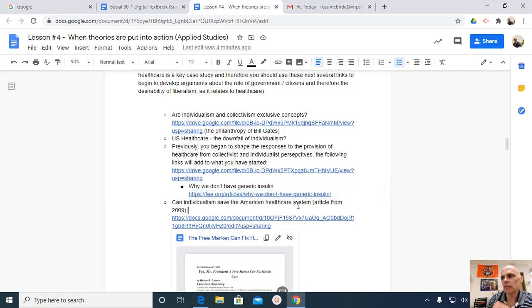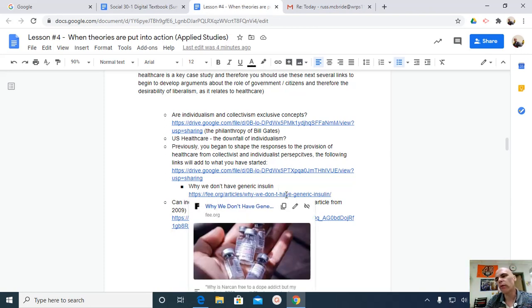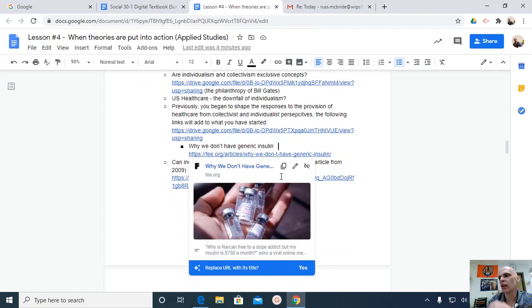Definitely, to introduce this article for you a little bit, why we don't have generic prescriptions. One of the key things is that through competition, we've been able to create prescription drugs that are life-altering. If you remove the profit incentive, if you end up creating generic drugs and regulate the cost, then that's going to destroy the incentive for competition.